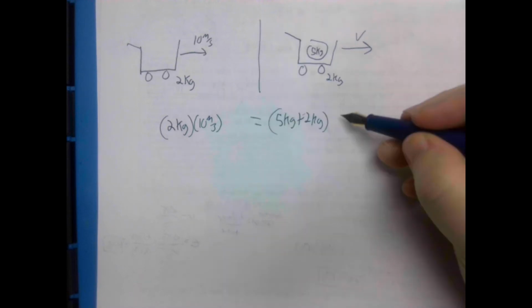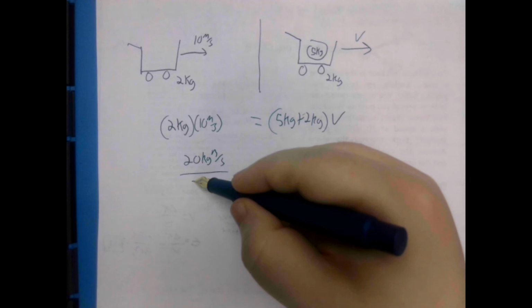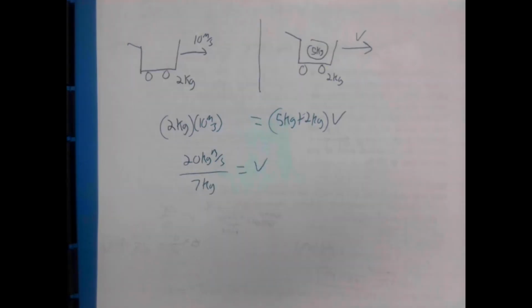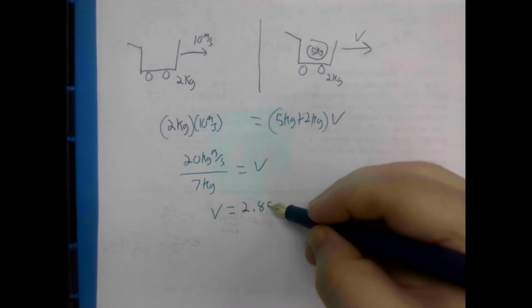So that's 20 kilogram meters per second divided by 7 kilograms equals your new speed. So the cart was originally moving at 10 meters per second. It will slow down to 2.857 meters per second.